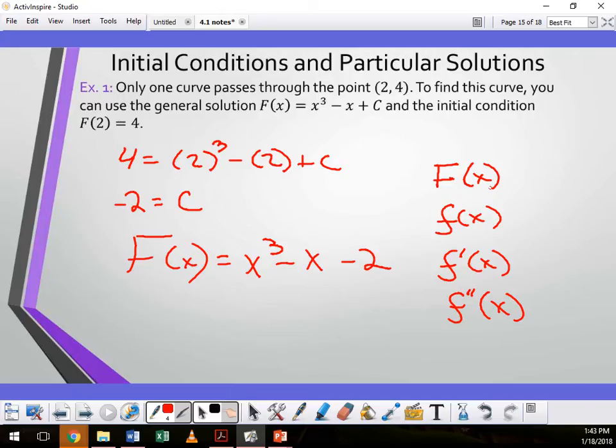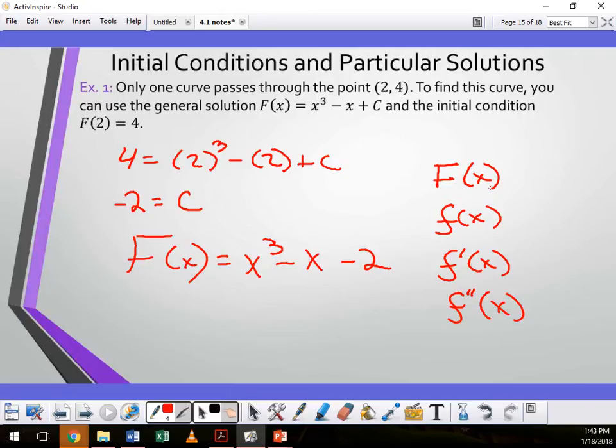If I start off with a velocity, which I think I'm going to do on the next problem, I would start off with a notation like this, and I take the integration and it becomes this. What would the capital F represent in physics?